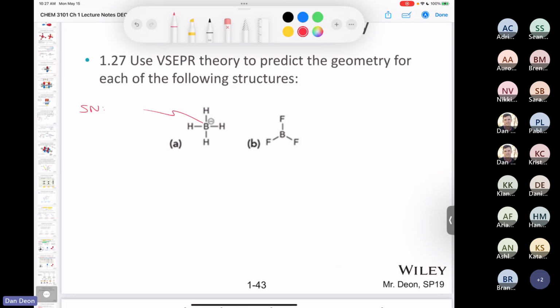Yes, it's got a steric number of 4. Therefore, what's its molecular geometry going to be? Tetrahedral, yeah. What's its electron geometry going to be? Again, it's not a trick question. I'm never going to try to fool you. Thanks, Hannah. Same. Tetrahedral.